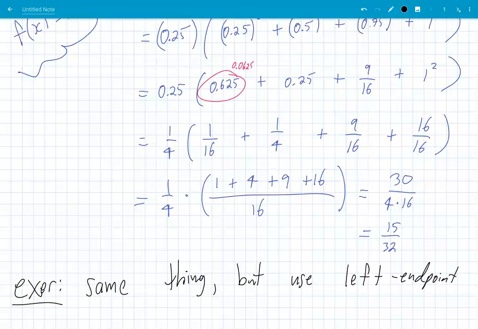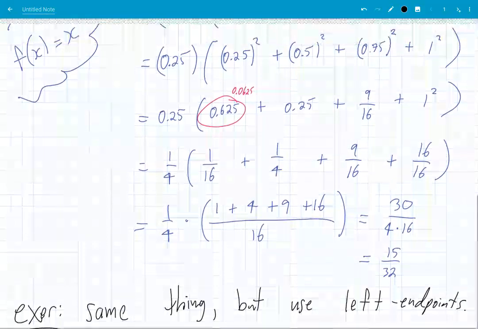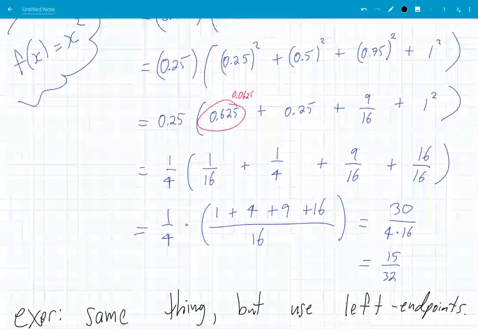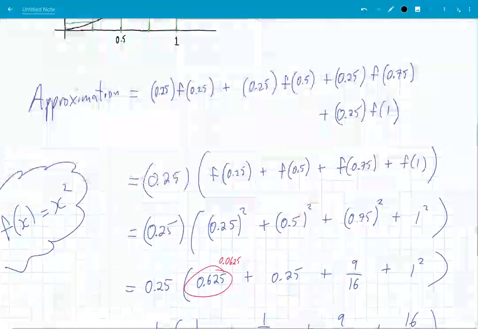Okay, so same question. You want to approximate the area under this function from 0 to 1. You want to use 4 rectangles of equal width, but now you're going to use left endpoints to determine the heights of the rectangles.